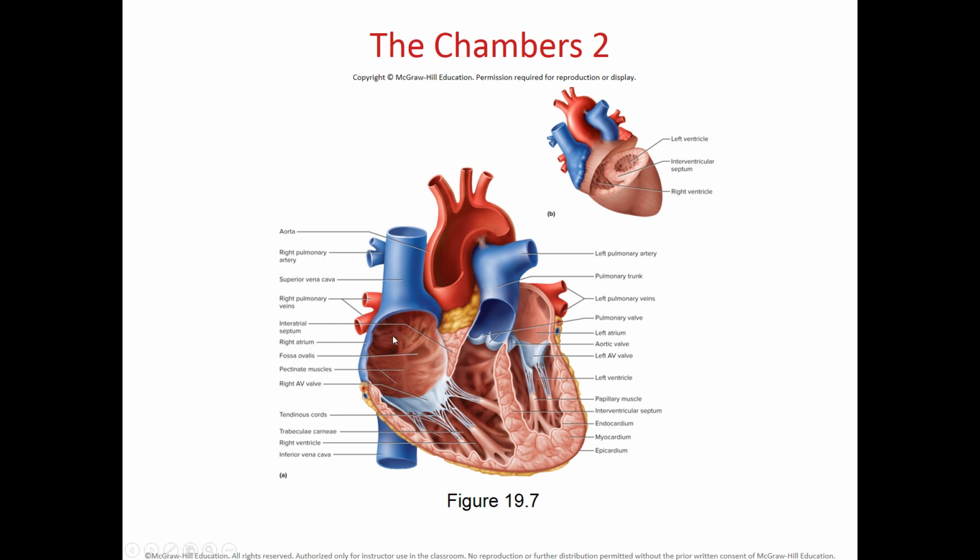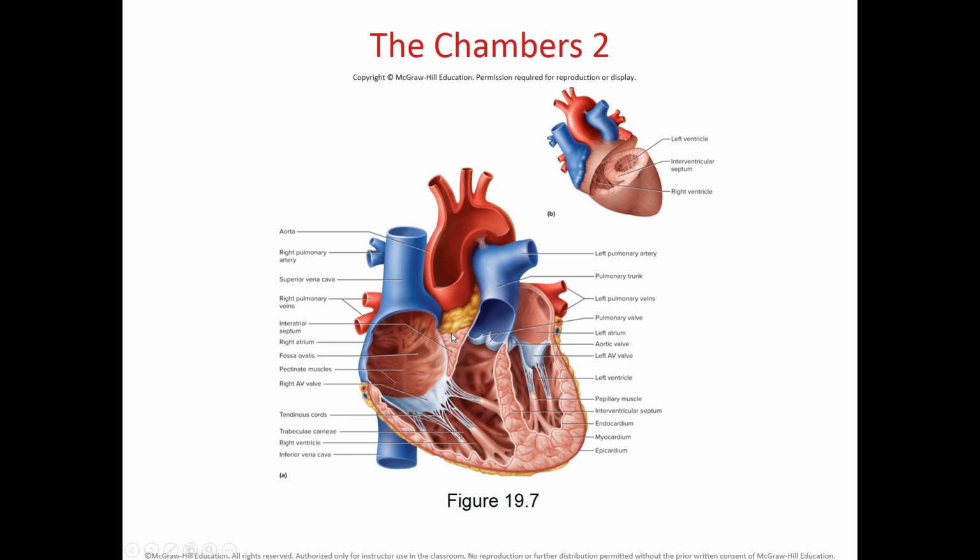So here we have the right atria, and here we have the left atria, and then below the right atria we have the right ventricle, and below the left atria we have the left ventricle. This wall that separates the 2 atria is known as interatrial septum.